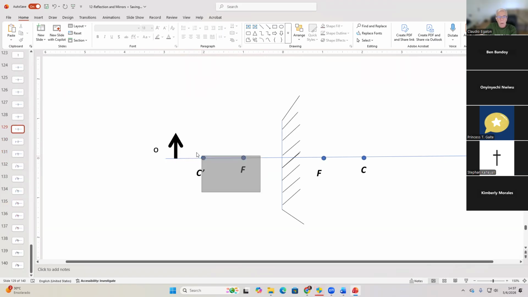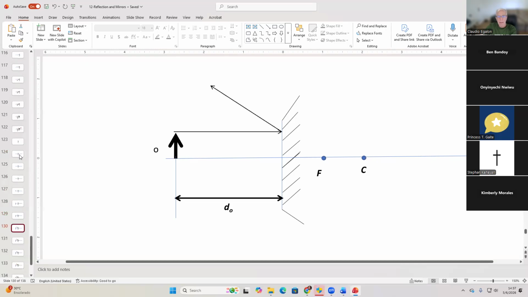So we have the mirror, principal axis, center of curvature, focal point, object, distance of the object, light ray parallel to the axis, and so on.